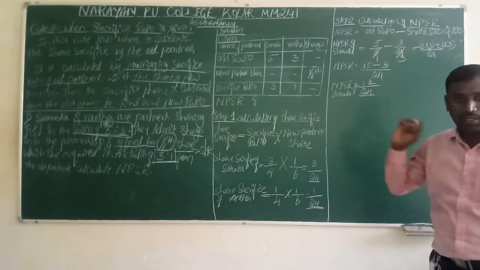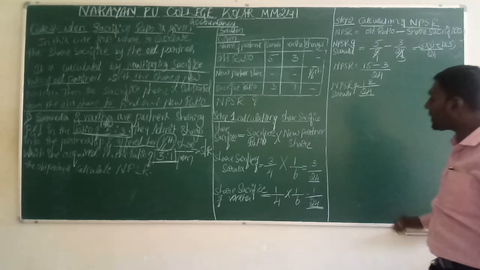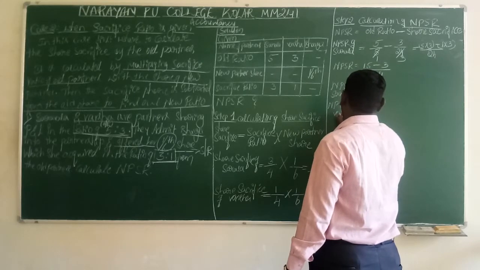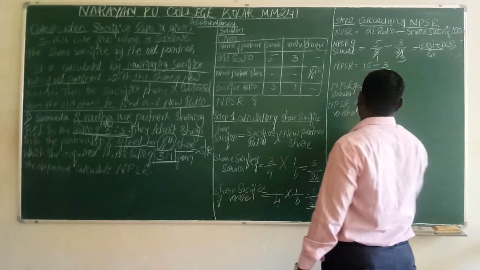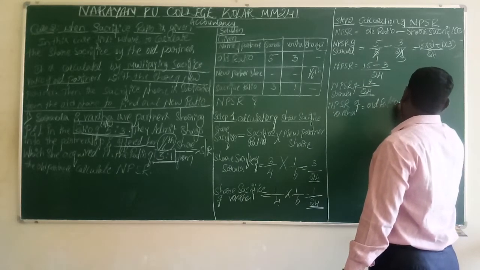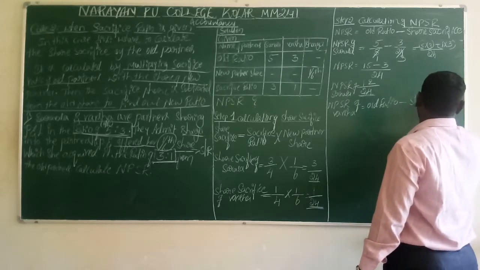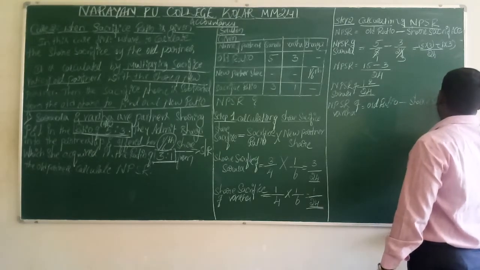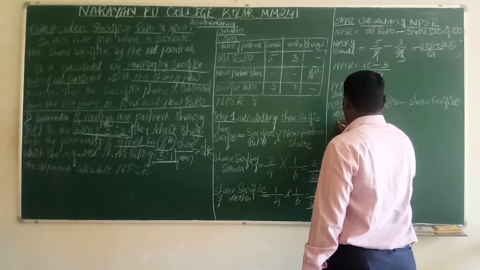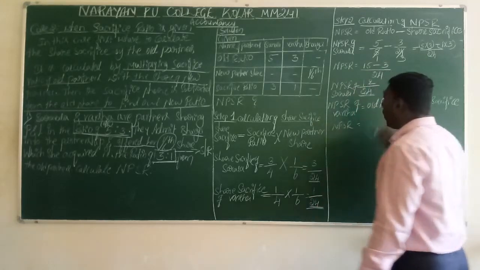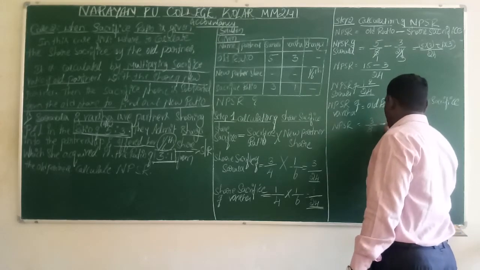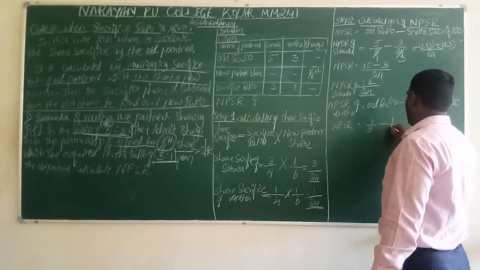The first partner's NPSR is calculated. Now we calculate the NPSR of the second partner. NPSR of Varsha is equal to old ratio minus share sacrifice. The old ratio in our question is 3 divided by 8, minus share sacrifice 1 divided by 24.